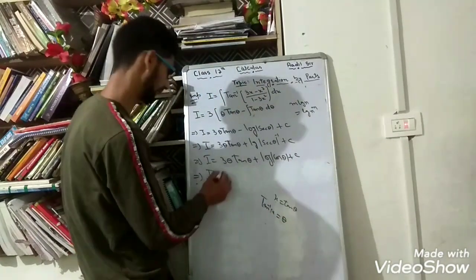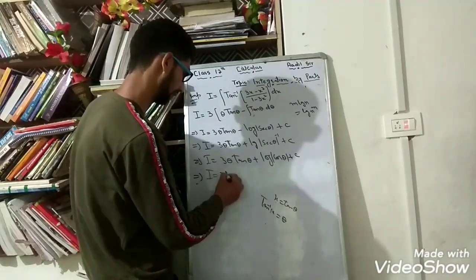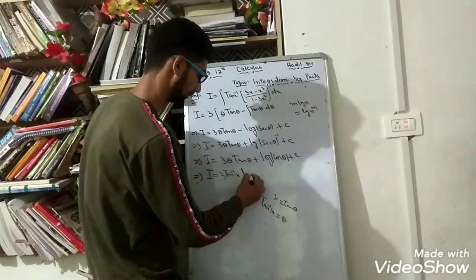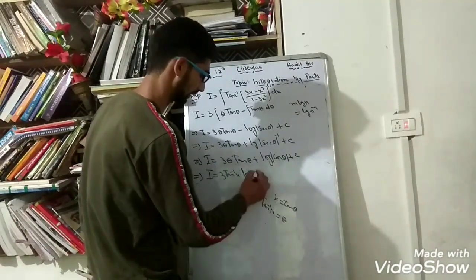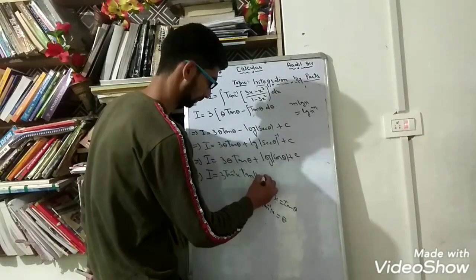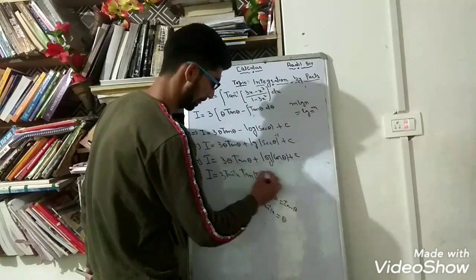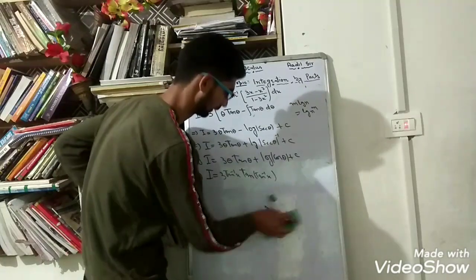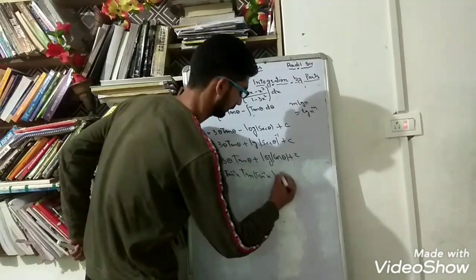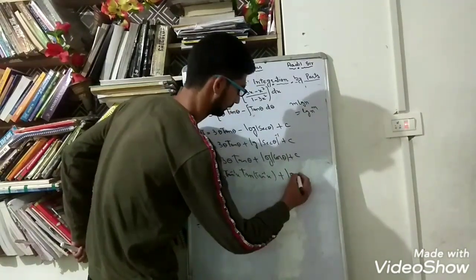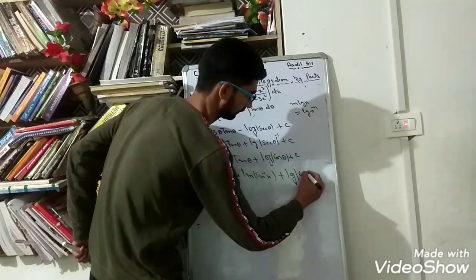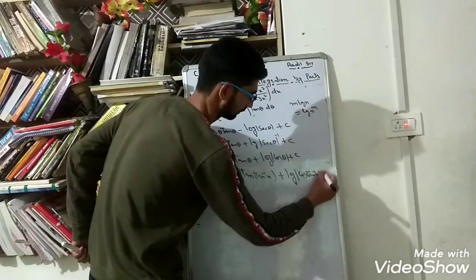So here it will be 3 tan inverse x into tan theta, that is tan inverse x, and then we have plus log of cos of theta, that is tan inverse x, plus c.